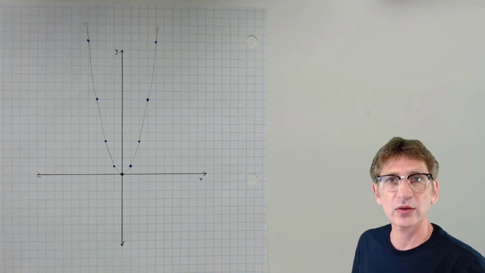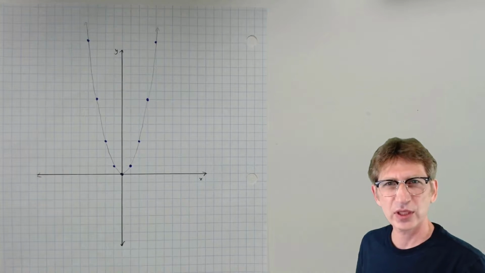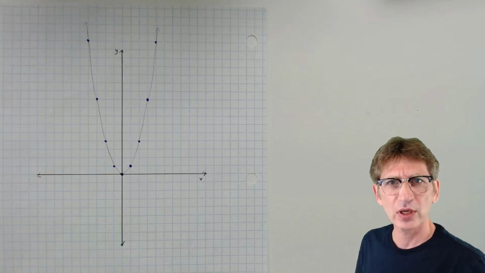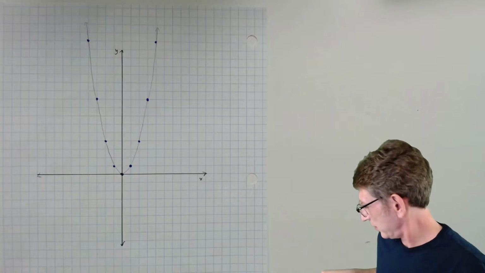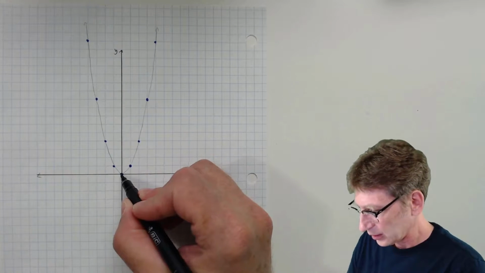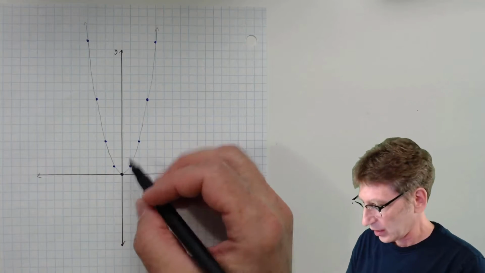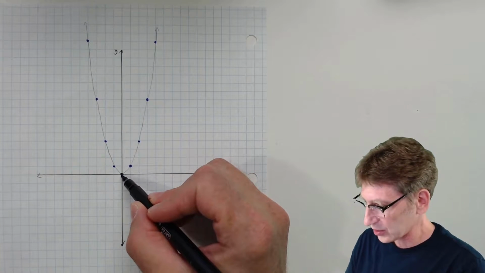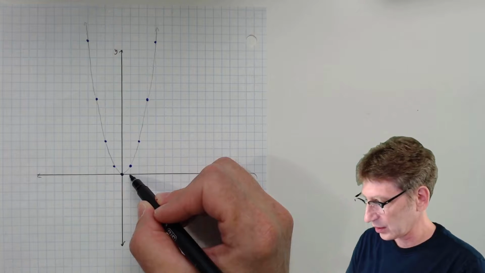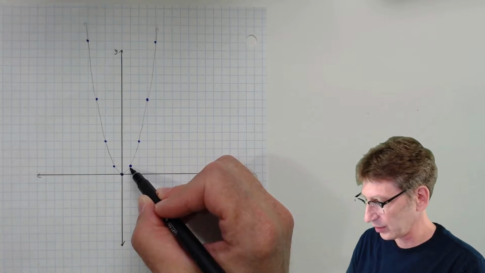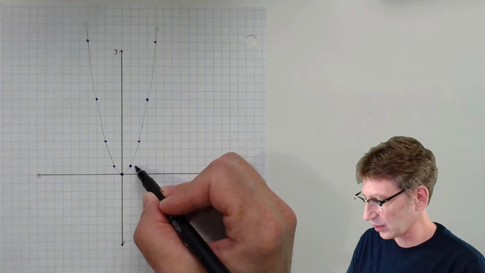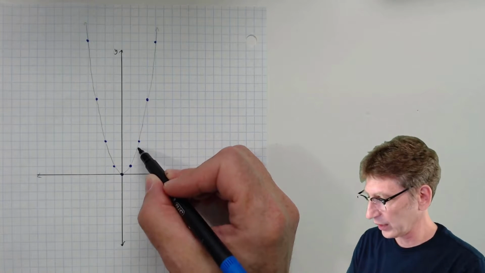We're going to take another look at this parent graph to understand a little bit about the relationships of the points on the parabola. That's 0, 0. Here's 1, 1. So as our x value goes up by 1, our y value is going up by 1. If we go another unit to the right, we're going up 3.